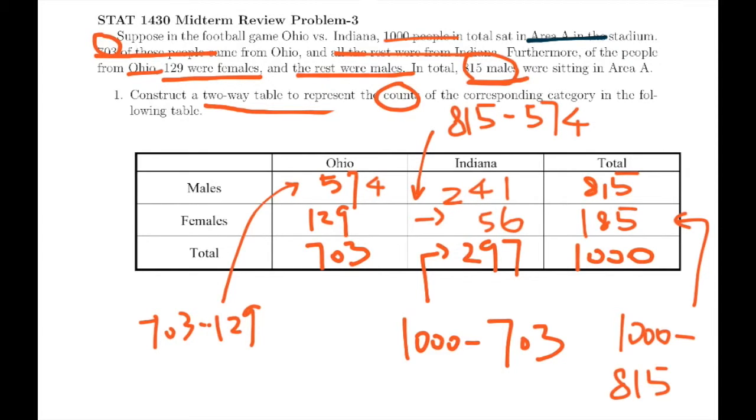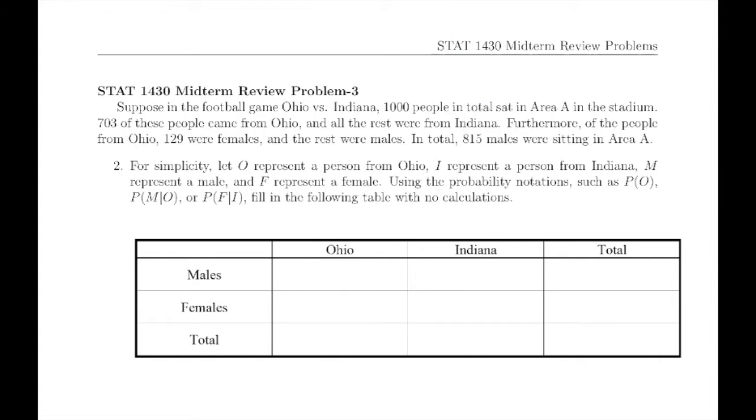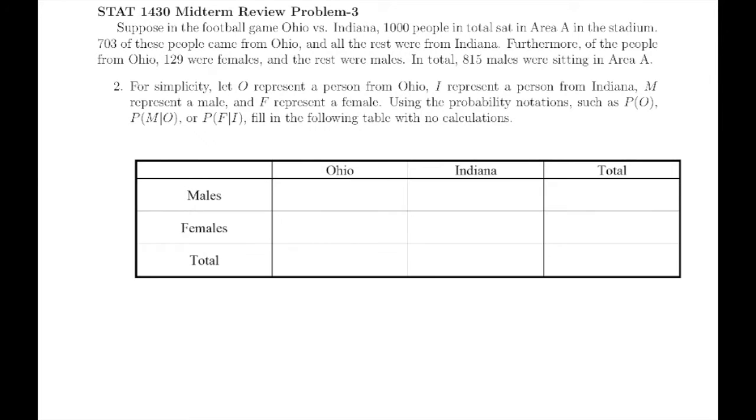Okay, so now we have completed this two-way table. This is the result of the first part, and then let's go to the second part. In this part, we have the same condition, but we're going to use probability notation. For example, P(O), where O means a person from Ohio, I means a person from Indiana, M means a male, and F means a female.